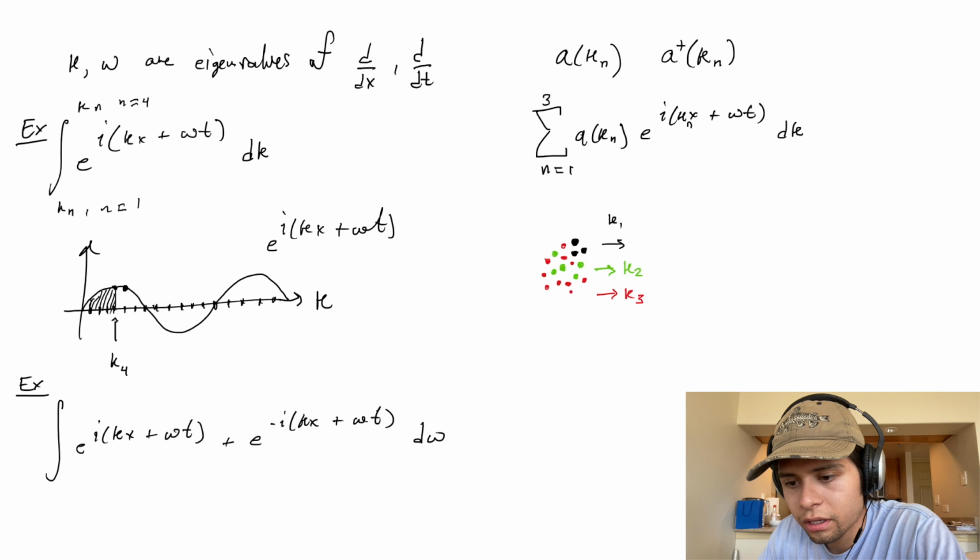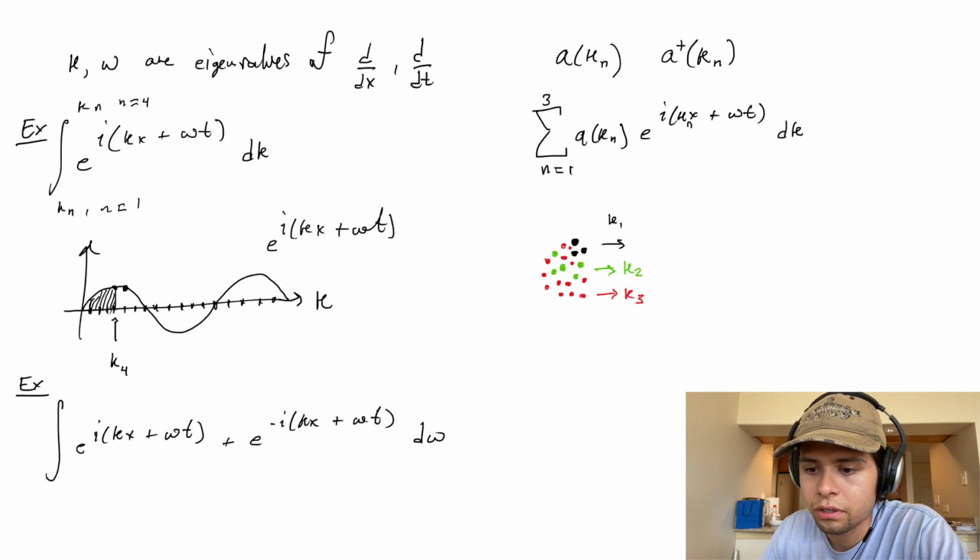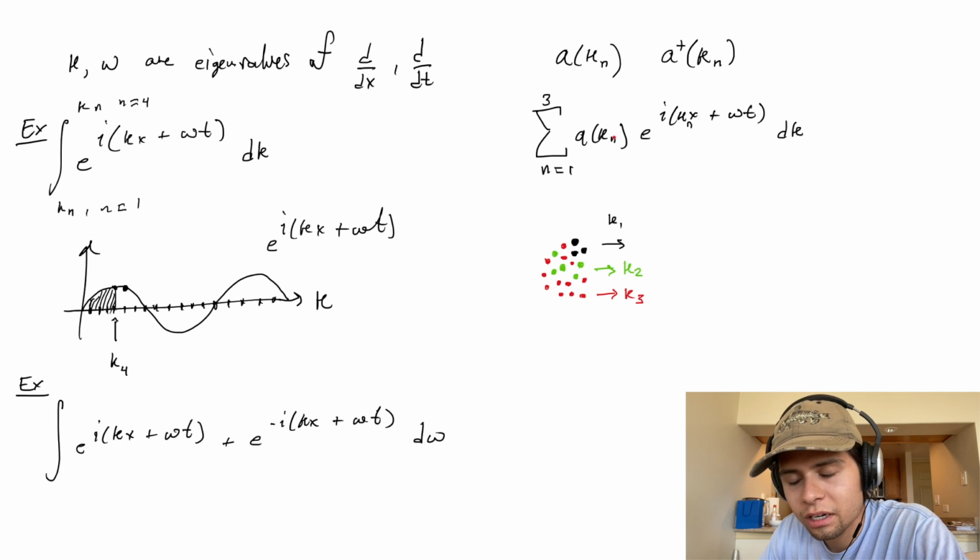So we have not a lot of black ones, not a lot of green ones, and a lot of red ones. So we can begin to make sense of something like this.